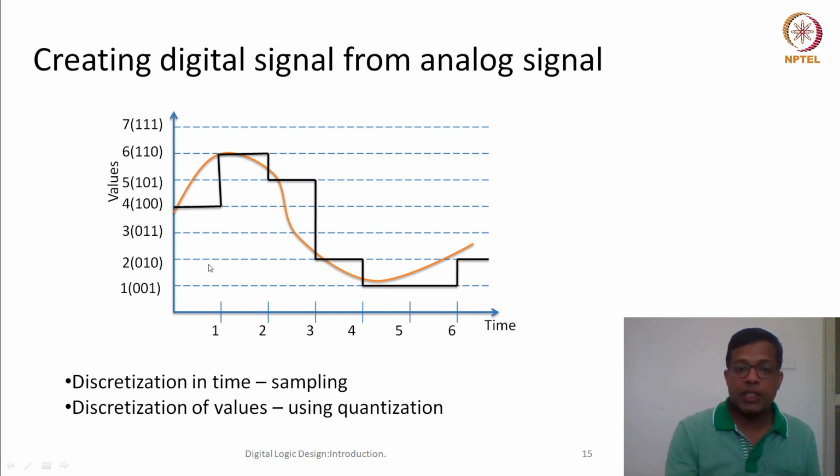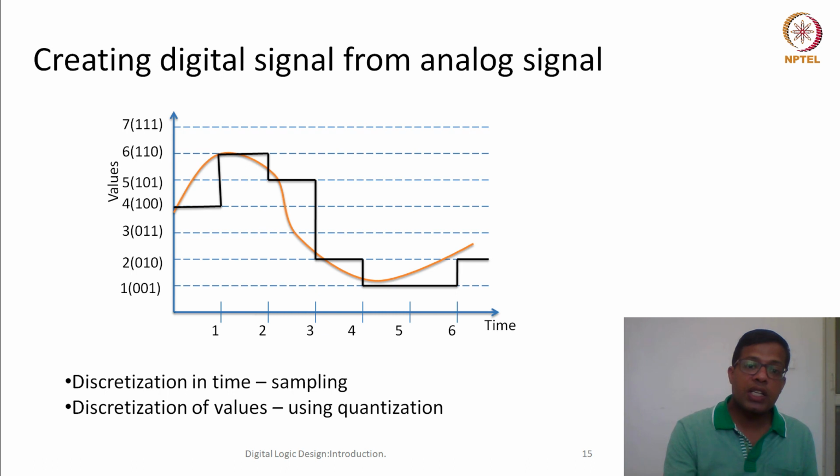For example, let me say discretization in time is happening at 1 unit of time. At 0 units of time, whatever the value was, the closest value is found to be 4. Because it is binary, this signal would be represented by the combination 1 0 0.